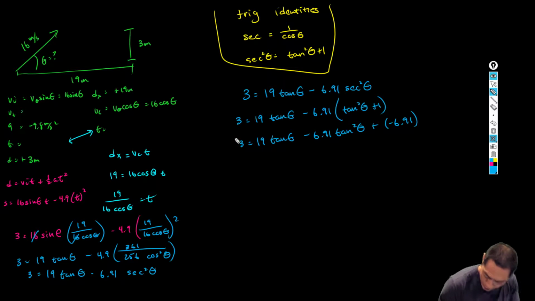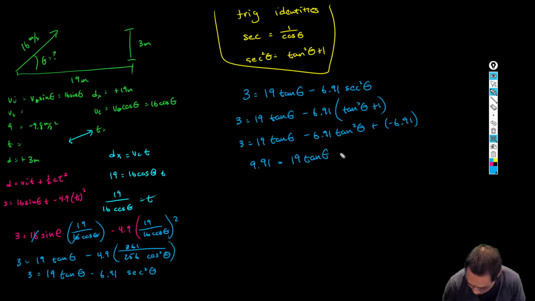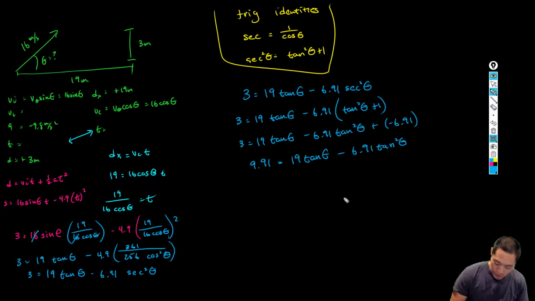I'm going to move this 6.91 to the other side, so add 6.91 on both sides. So I get 9.91 equals 19 tangent theta minus 6.91 tangent, oops. And now I'm going to rearrange everything. I actually should have just pulled everything to the left.